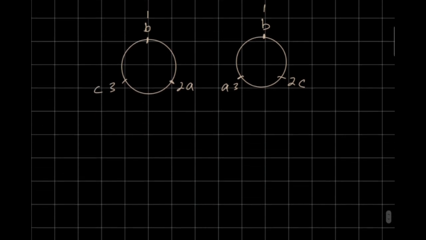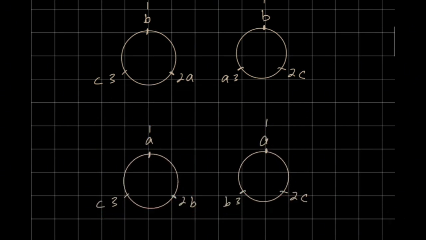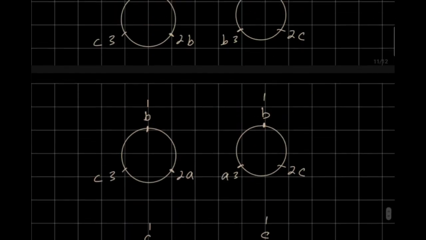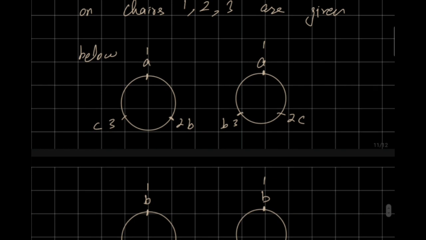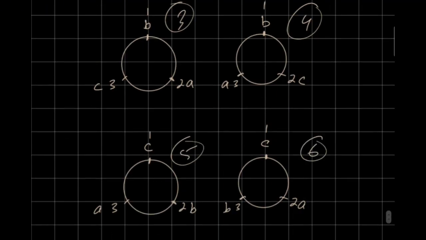Now we will do the same thing for fixing C. Here we have C, and the remaining elements are A and B. Okay, let me write it clearly. So how many arrangements can you see? This is the first arrangement, this is the second, third, fourth, fifth, sixth.